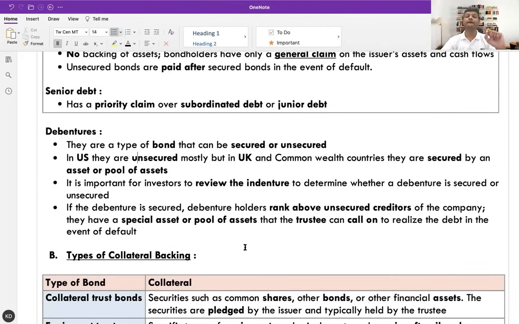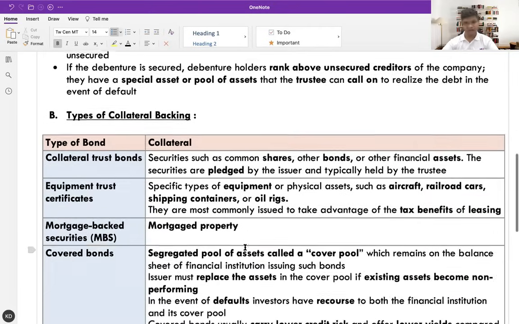Clear? So there is no difference between a debenture and a bond. Only that in the US, the unsecured bonds are called debentures. In the UK and other parts of the world, the debentures can be secured or unsecured. So I've seen people using debenture as a word or bond as a word. Technically, there's no difference as such. Clear?